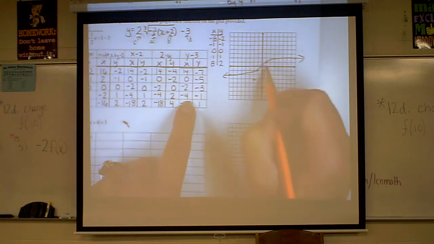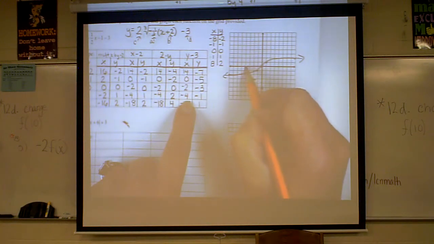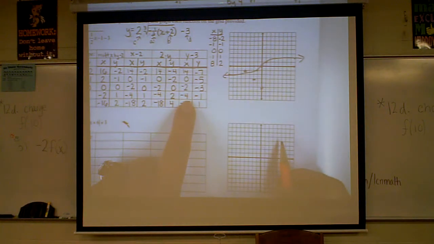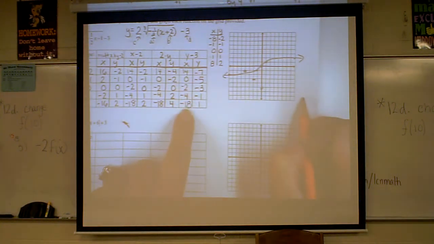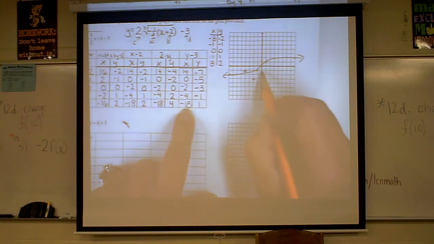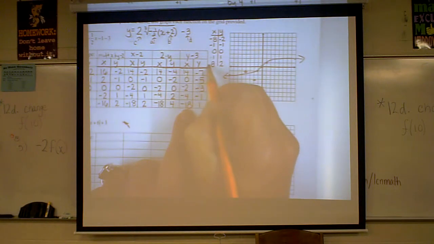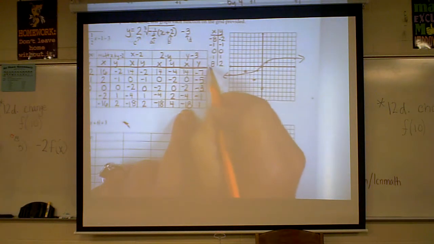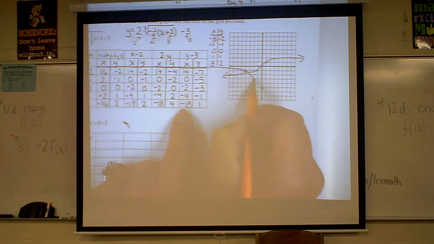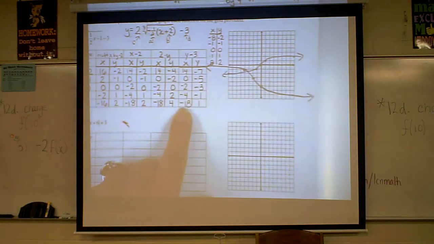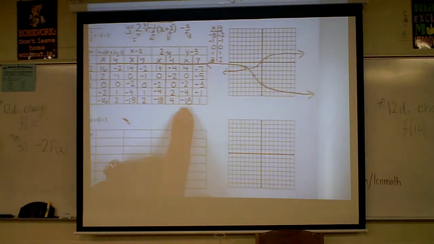And this point will be negative 4, 1, 2, 3, 4, and down 1. And the other 2 points that are off the page are somewhere down here, and somewhere out here. So this is the graph of the new function. And this was worth 5 points.